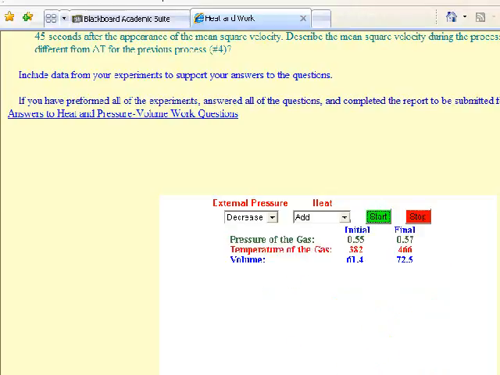And there are the numbers, and I'm going to write them down. The pressure of the gas changed from 0.55 to 0.57. The temperature of the gas changed from 382 to 466.